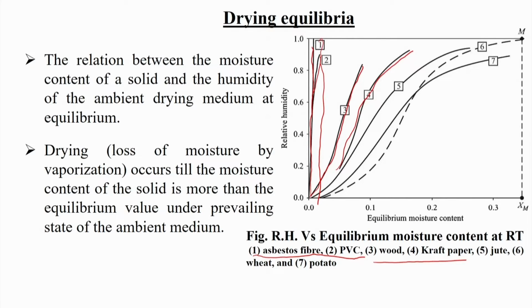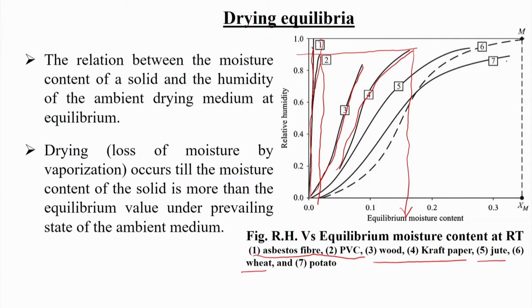In the case of kraft paper, for a relative humidity of 0.9, the equilibrium moisture content will be about 1.18 per kg dry air. And for different jute fibers, and for wheat also, when we have more relative humidity, the equilibrium moisture content values are also very high.